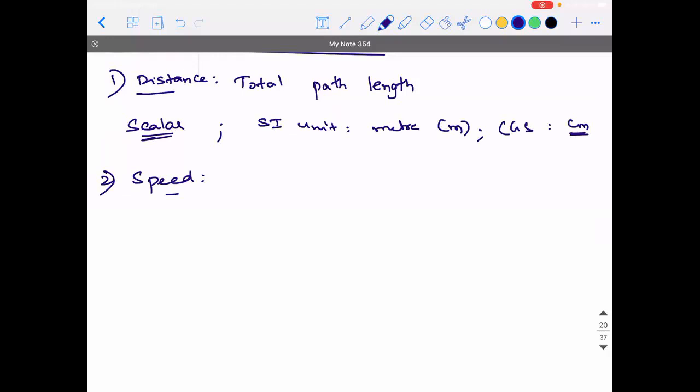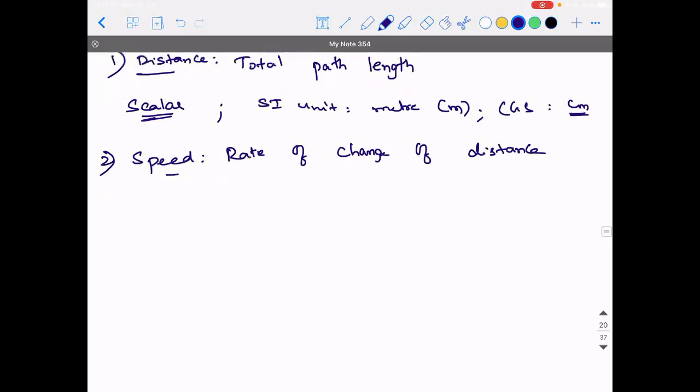The rate of change of distance. If you are able to calculate how much distance is changing in a particular time interval, that is what we call the speed of that particular object.